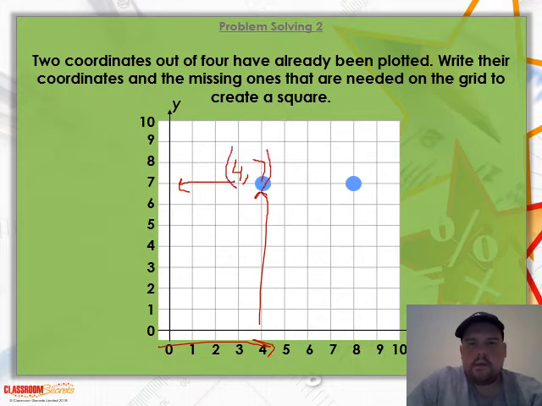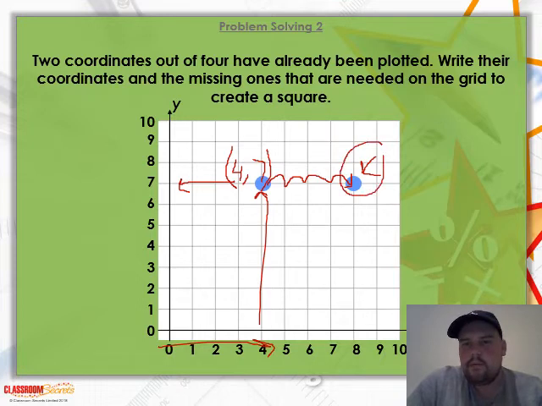And it says you need to work out the coordinates to this one here. That's absolutely fine, I'll leave that down to you. And it says the missing ones that are needed on the grid to create a square. Now, I'm not going to do this for you, but if we jump 1, 2, 3, 4 squares, it goes from our coordinate 4, 7 to whatever this coordinate here is. Because I haven't worked that one out, I'm leaving it down to you.